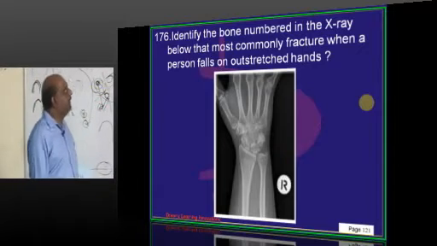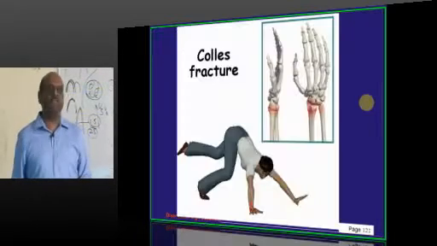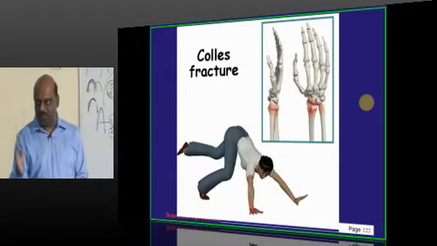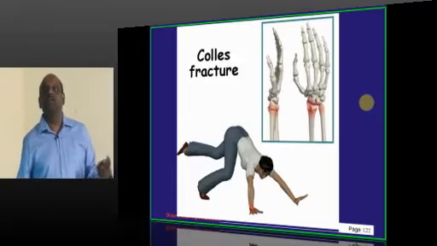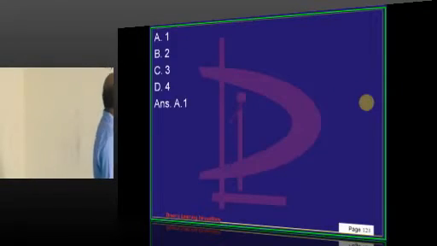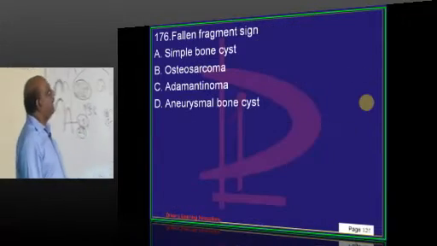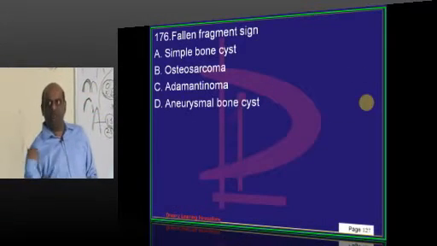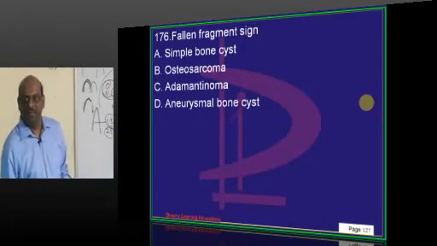Now, whenever the person falls on an outstretched hand, you all know Colles fracture, how does it occur? Radius fracture. Outstretched hand is a very common way that you will fall down. Then, where do you find fallen fragment sign?